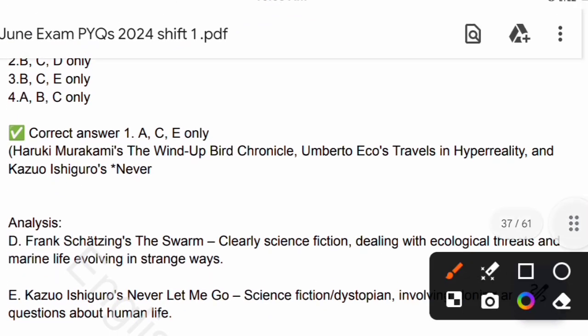Why is that? Because Haruki Murakami's The Wind-Up Bird Chronicle, Umberto Eco's Travels in Hyperreality, and Kazuo Ishiguro's Never Let Me Go are the works you have to put in a science fiction category.